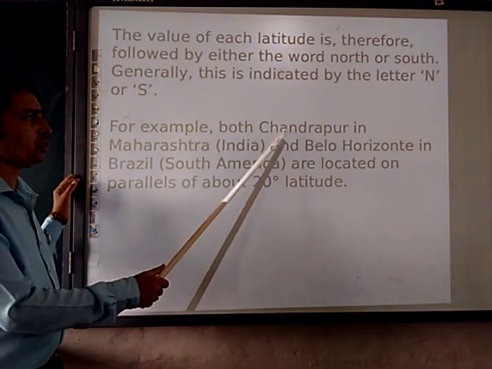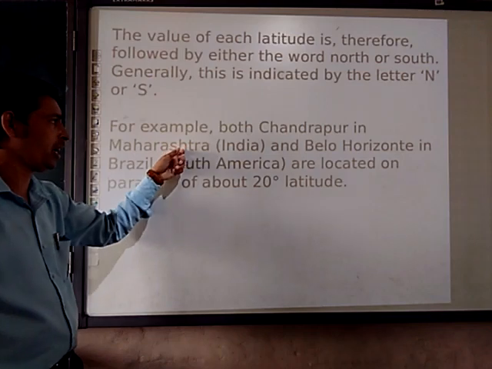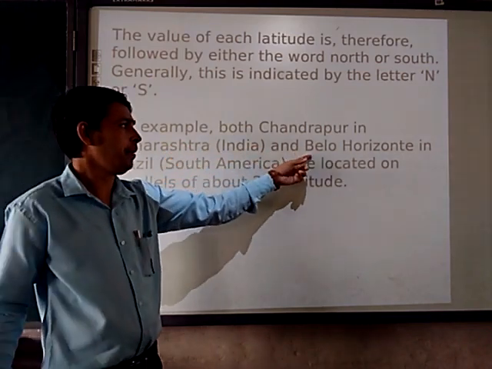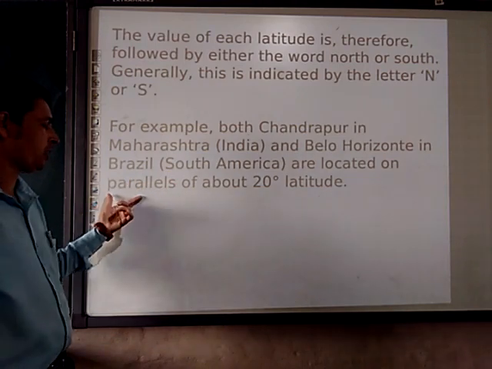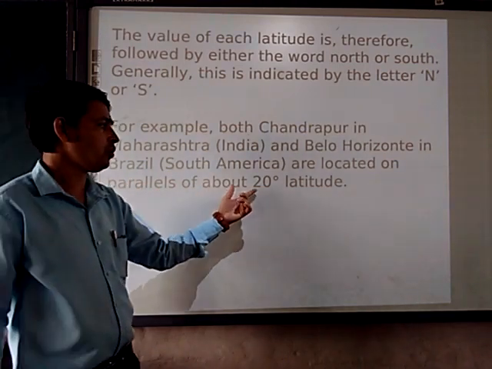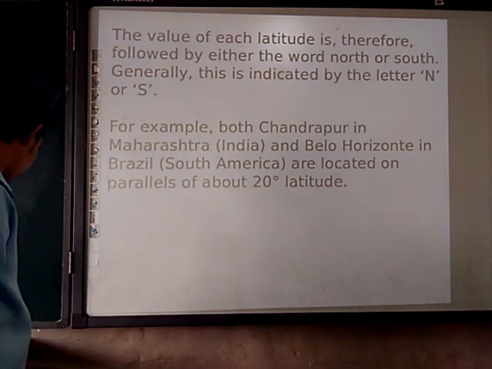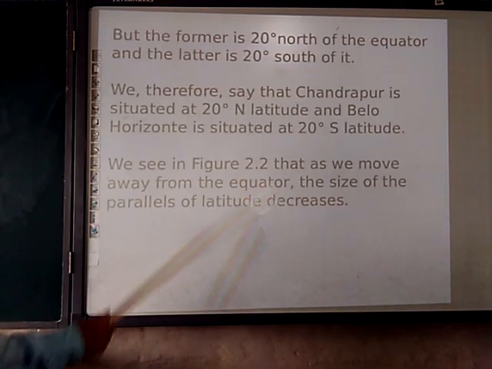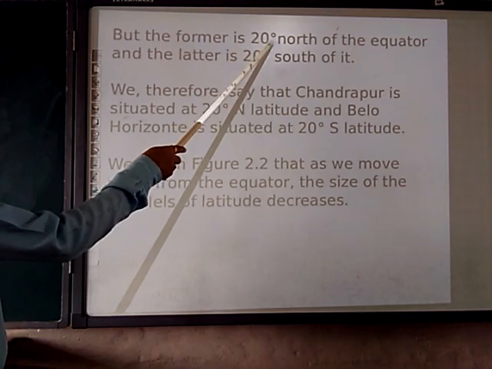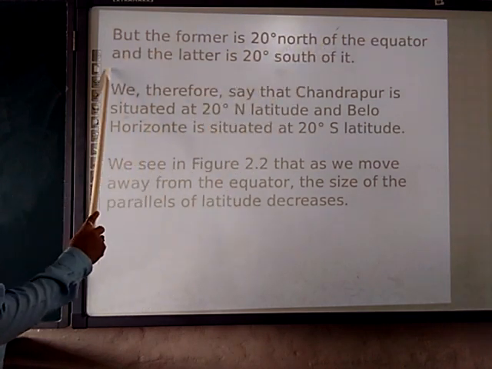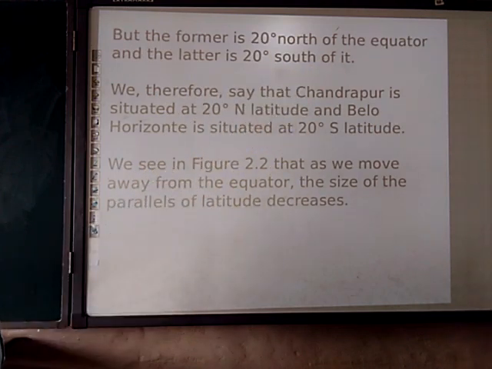For example, both Chandrapur, one of the places situated in Maharashtra, India, and Belo Horizonte in Brazil are located on the parallels of about 20 degree latitude. But the former is 20 degrees north of the equator and the latter is 20 degrees south of it.